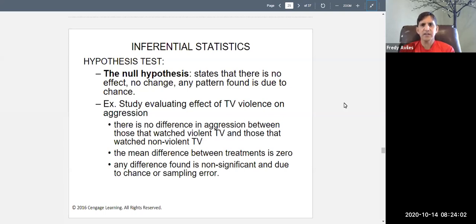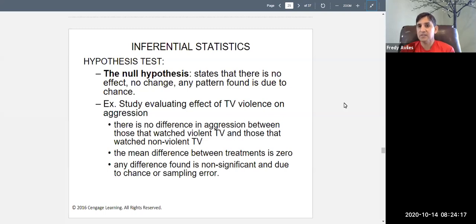The example here is the study evaluating the effect of TV violence and aggression. The null hypothesis says that there is no difference in aggression between those that watch violent TV and those that watch non-violent TV.